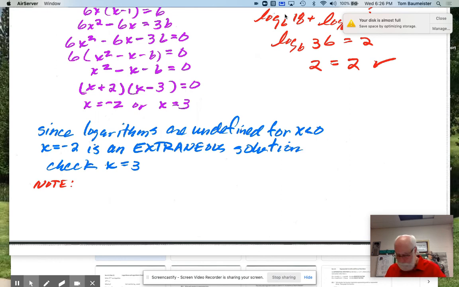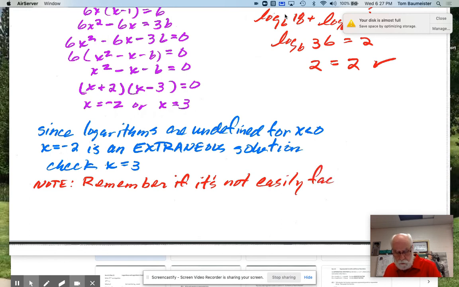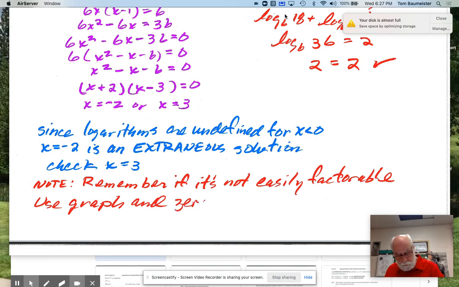Remember, if it's not easily factorable, you can either use the graph, and remember, we learned how to find the zeros on the graph just by clicking on it, at least for decimals, or if it's still not, you can always use the quadratic formula.